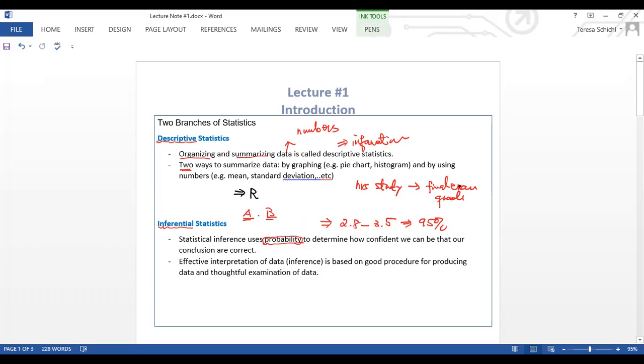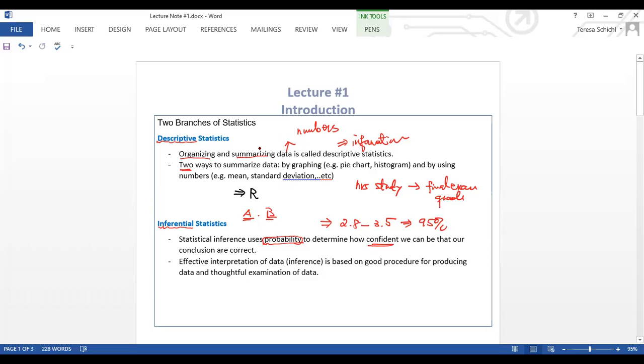Then I will see what their final grades are. Now I want to see if there is a relation. How much confidence can I have to conclude that if you study more, you get a better grade? That's what we call inferential statistics.